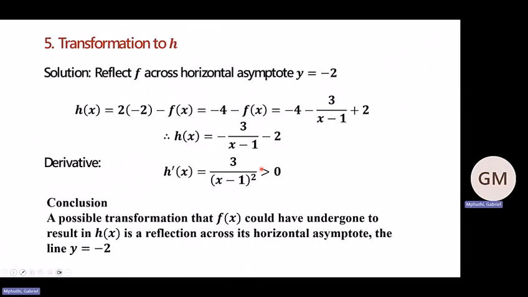I just wanted to demonstrate this. I should have it ready, but when we discuss after the video stops, I will show you using decimals what this means, and also look into the reflection of the function h of x. How does it look?